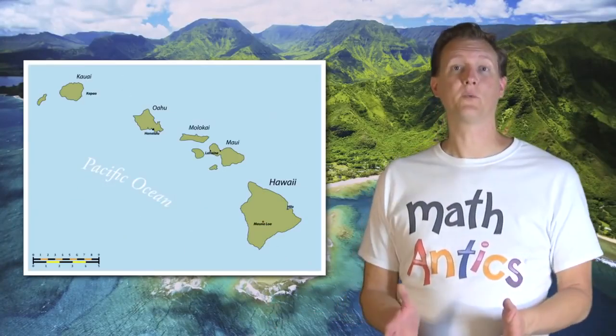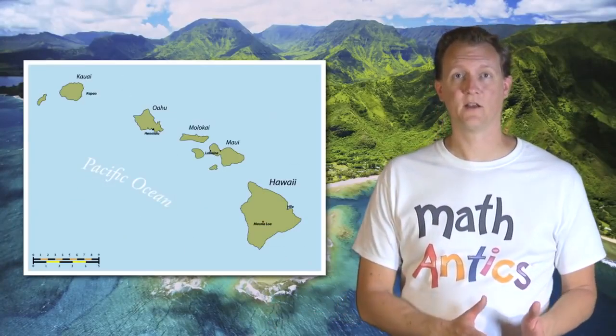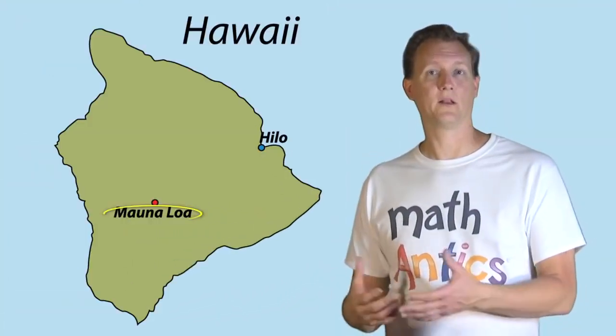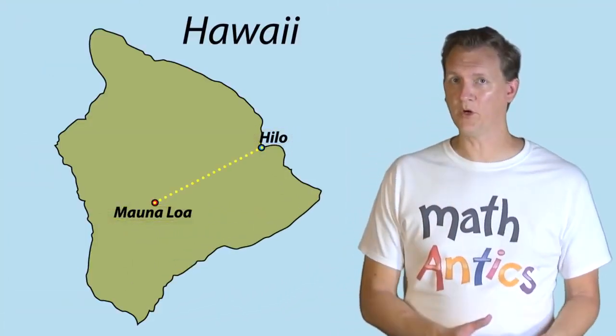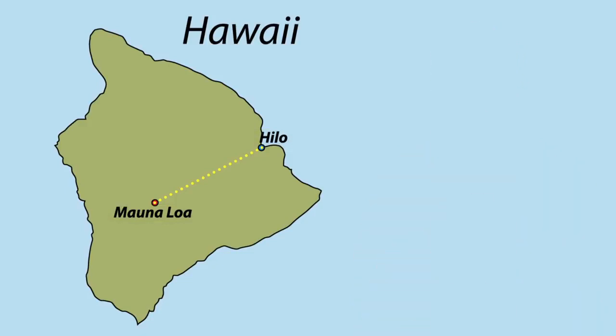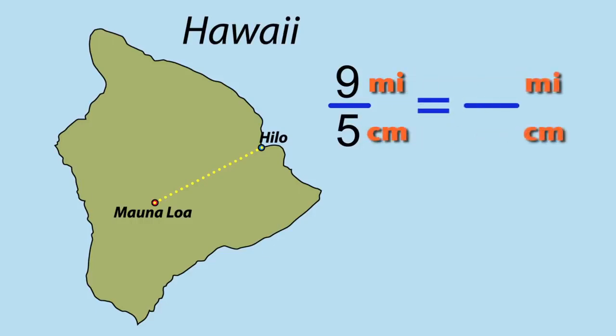Okay, suppose that we want to know how many miles it is from the Hawaiian volcano, Mauna Loa, to the city called Hilo. We can set up a proportion to figure that out. The ratio that we already know is 9 miles per 5 centimeters. Now we just need to set that equal to an equivalent ratio that has the unknown distance in it.